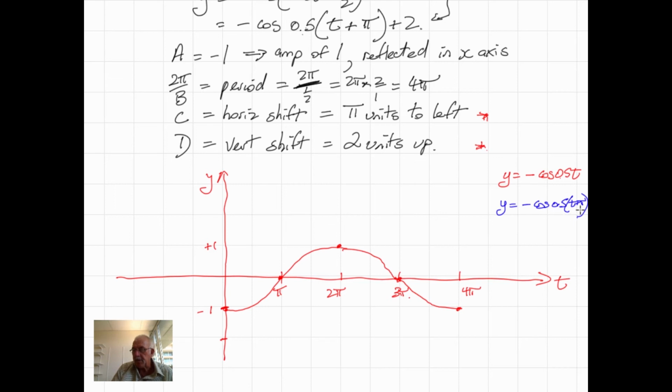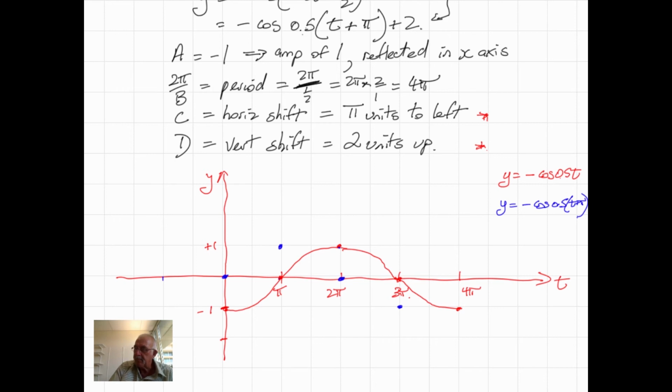Alright, so we'll take into account now that we've got our phase shift, and it's a horizontal shift, so it's pi units to the left. In other words, this point here will move across to there, that point there will move across to there, this point here will move across to there, and this point here will move across to there.